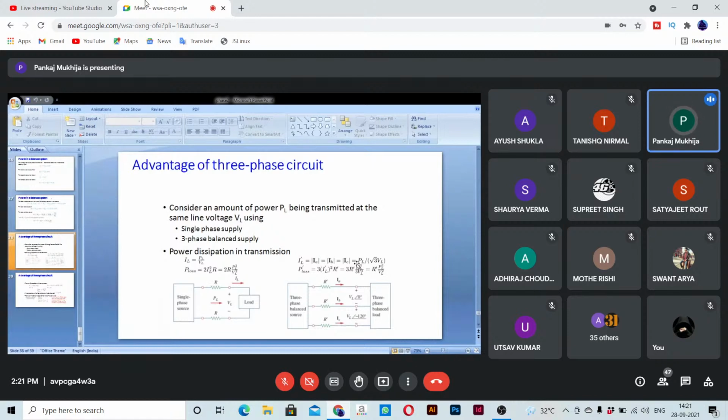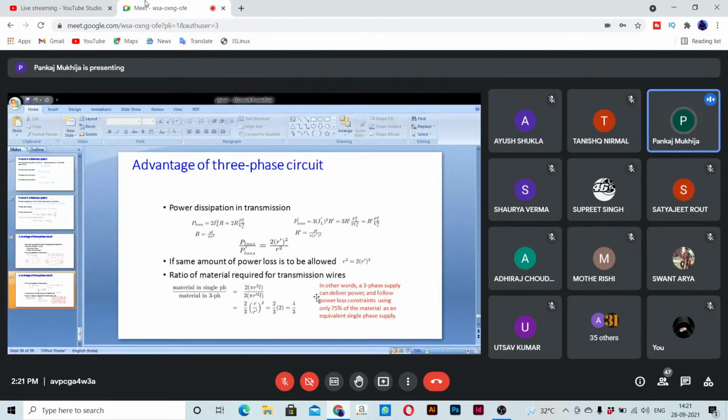You can get the power dissipated in transmission with this single phase resistance, and you can see that for the same amount of power loss, the material required for 3-phase is less. That's proved here. It's a simple calculation that you can study.